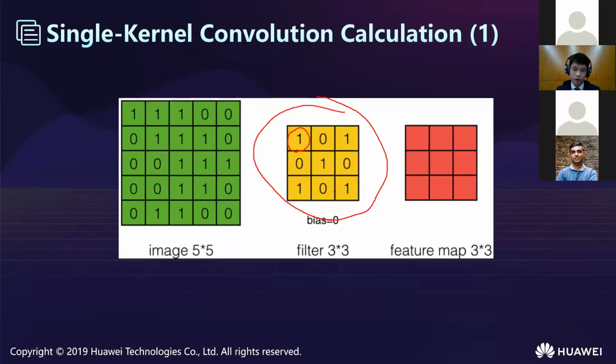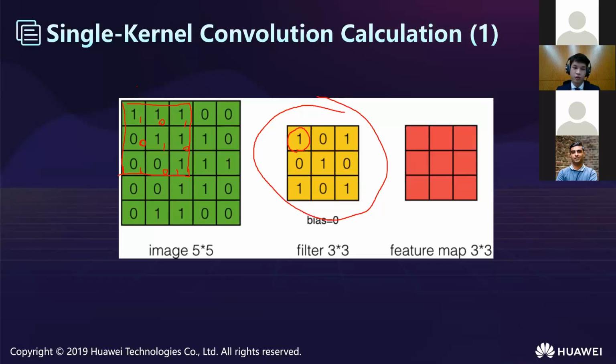So how to do the convolution? We only need to put the kernel in this position first, and then calculate. We put it on this position, 1, 0, 1, 0, 1, 0, and 1, 0, 1.